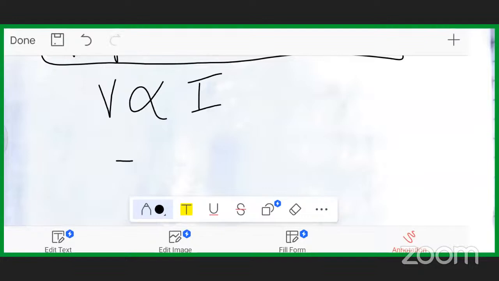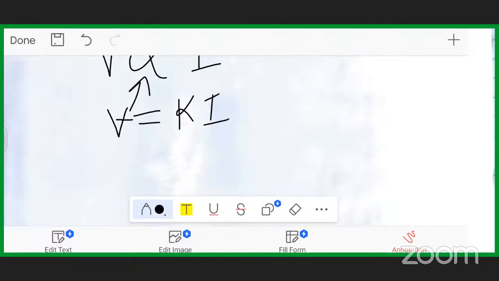To remove this proportionality symbol, you have to bring a proportionality constant, which, the way we do in mathematics, might be some K. So V is equal to KI, and this K has a specific name.